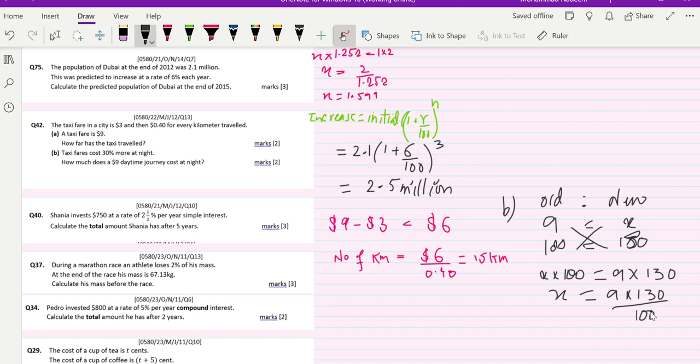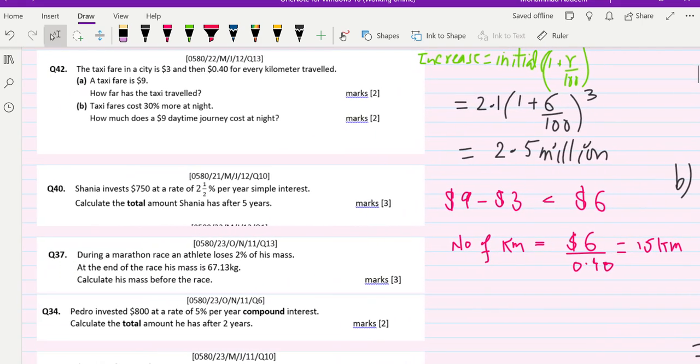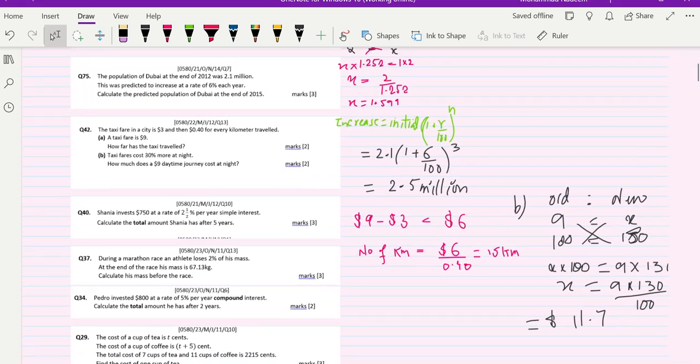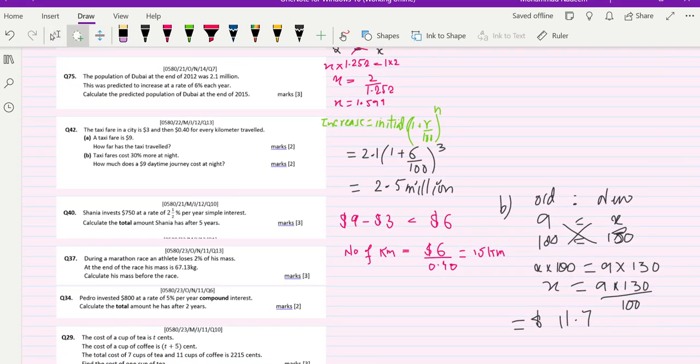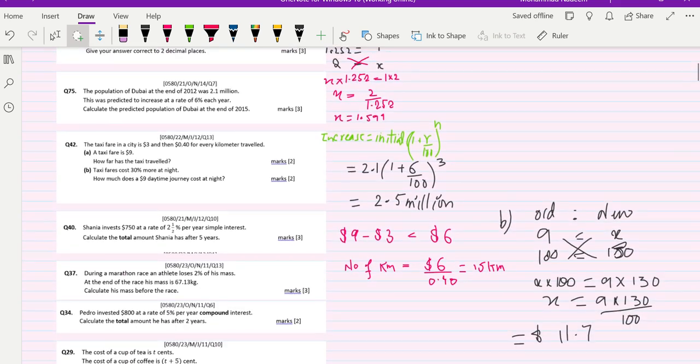So the same journey will cost $11.7 at night, which cost $9 at daytime. Hope you understand the question. I need to erase this portion so that I can utilize the space.